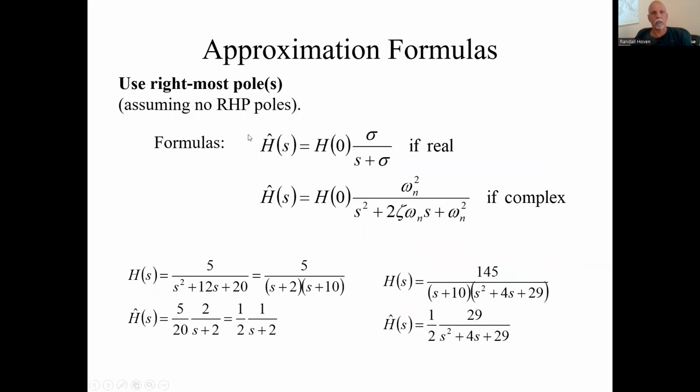First, let's just look at examples. Here is a repeat of the formulas I just gave you. Here's an example. This is a second order system, but it has 2 real poles, so it's overdamped. You have poles at -2 and -10, so the dominant pole is -2. So here is that approximating transfer function. Here it is simplified.